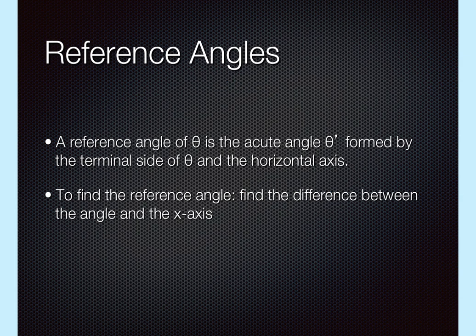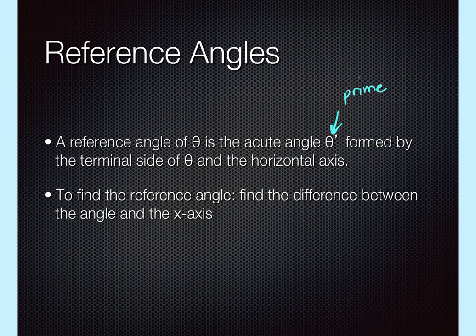All right, here's your reference angle. A reference angle of theta is the acute angle theta prime, we refer to that little apostrophe as prime, formed by the terminal side of theta and the horizontal axis. So the same place that we've been putting our thetas, on the x-axis, those are called reference angles.